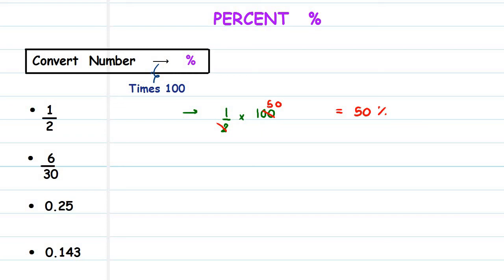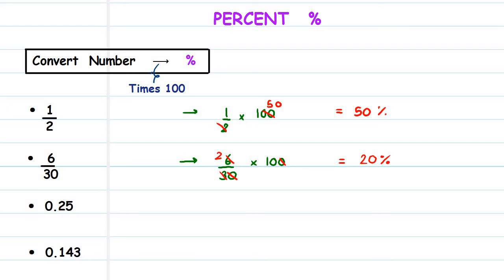Alright, let's try converting 6 over 30 to percent. So 6 over 30 times 100. We can simplify that by crossing out the zeros, and 6 divided by 3 is gonna be 2. So we're gonna get 2 times 10, which is 20%.